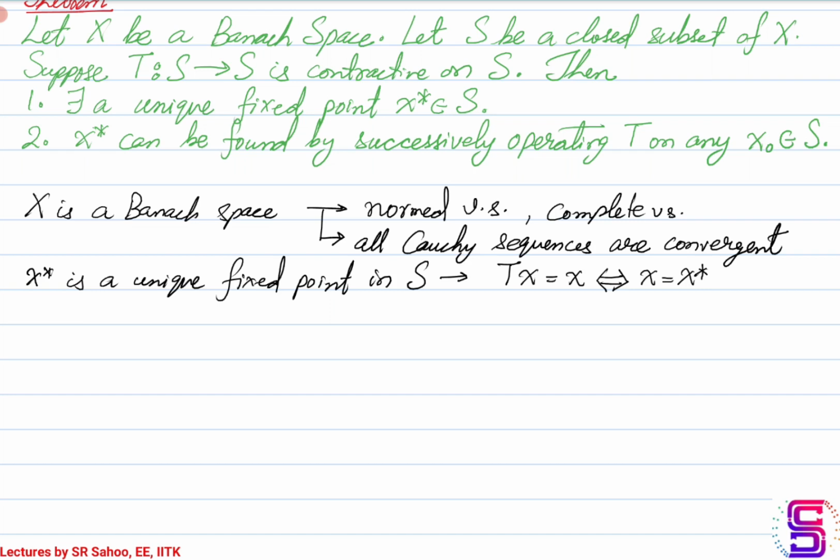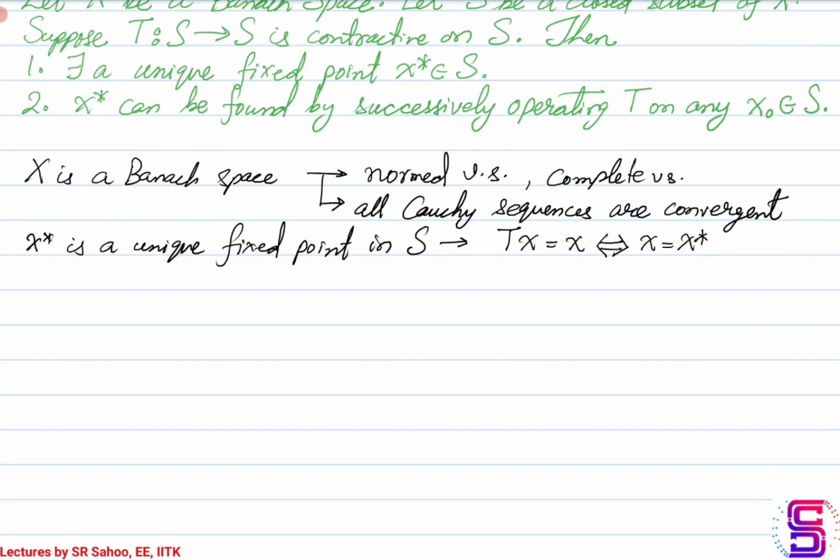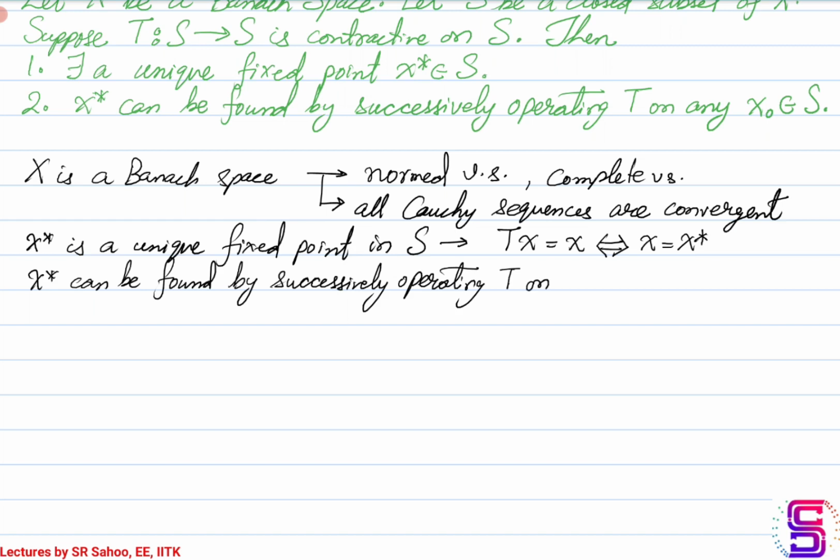Now the second statement that has been made is that x star can be found by successively operating T on any x naught in S. So this essentially means that you start from any vector.